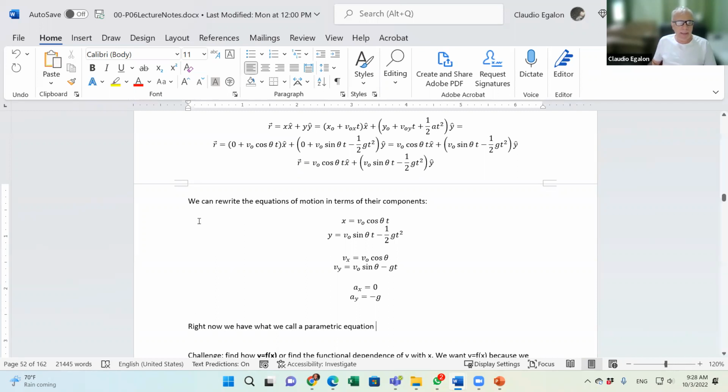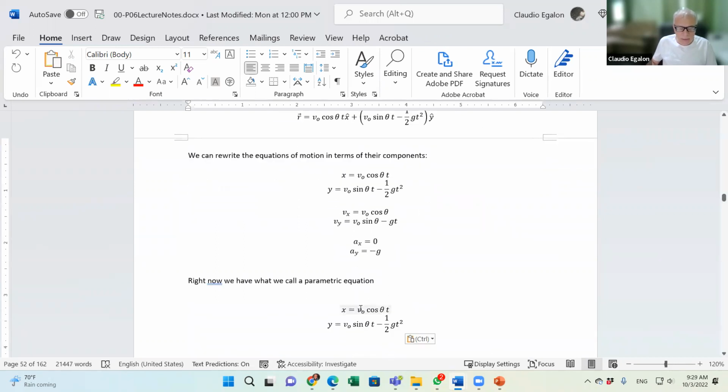A parametric equation is something in which x is given as a function of another variable, in this case, t. That's the variable t. The v naught is constant, and theta is a constant as well. And the same thing can be said about y, which is also given in terms of the parameter, with a different functional relation.